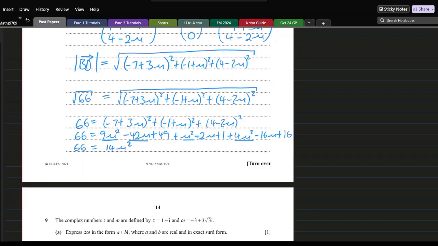Negative 42 mu, negative 2 mu, that's negative 44 mu, and negative 16 mu gives us negative 60 mu. Then 49 plus 1 is 50, plus 16 is 66. So 66 is equal to 14 mu squared minus 60 mu plus 66.